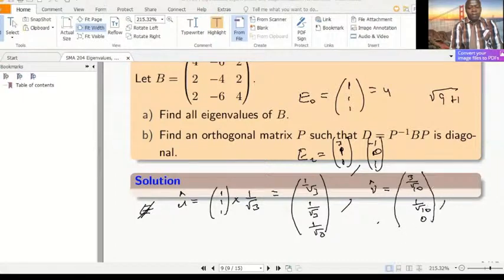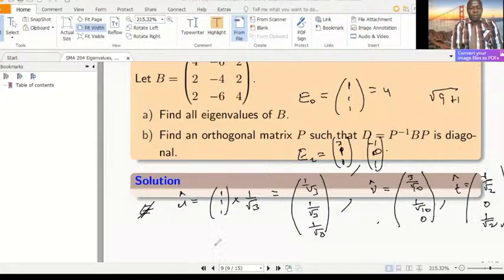And then let me call this one T. So the normalized T, now the length here is root 2. So I have negative 1 out of root 2, then 0, then 1 out of root 2.